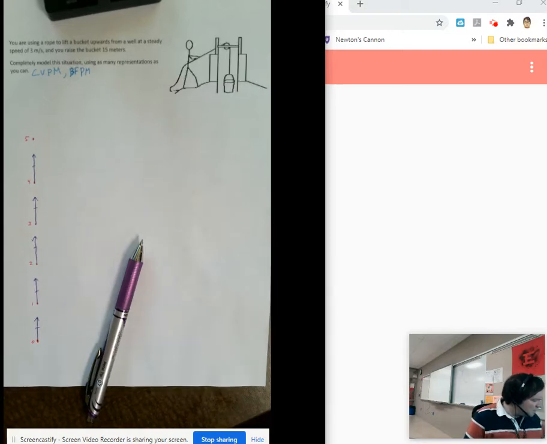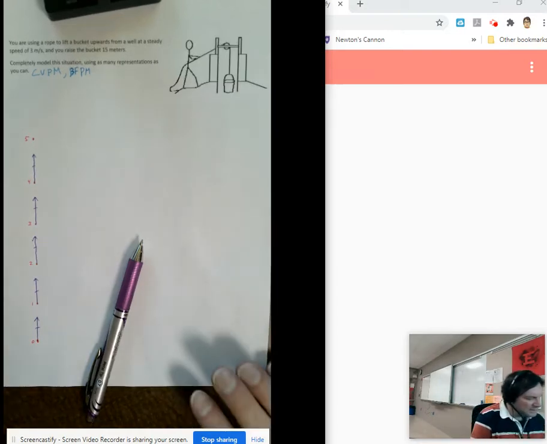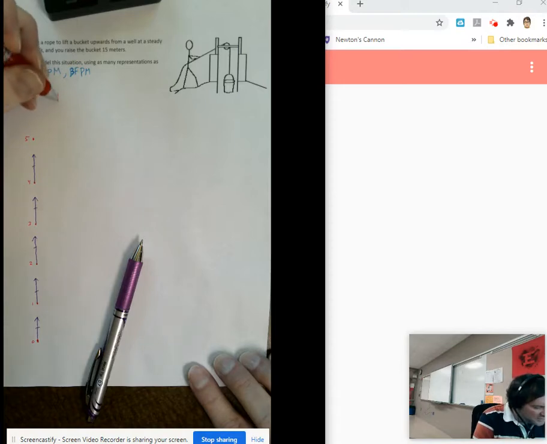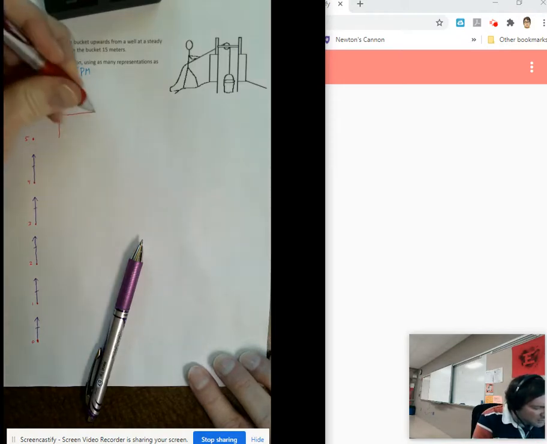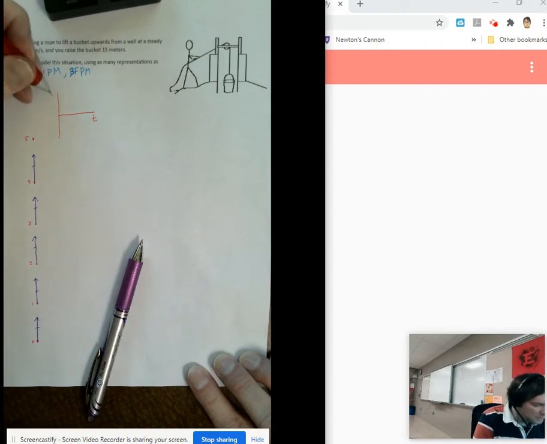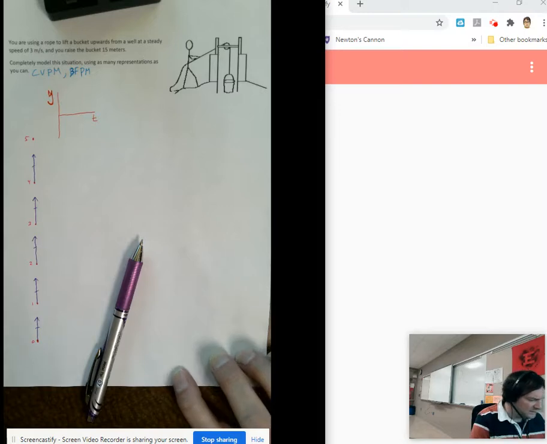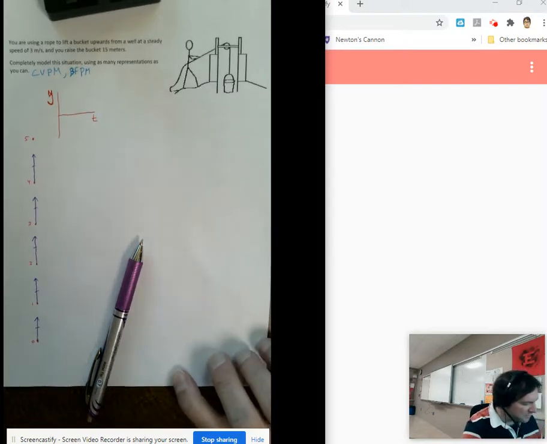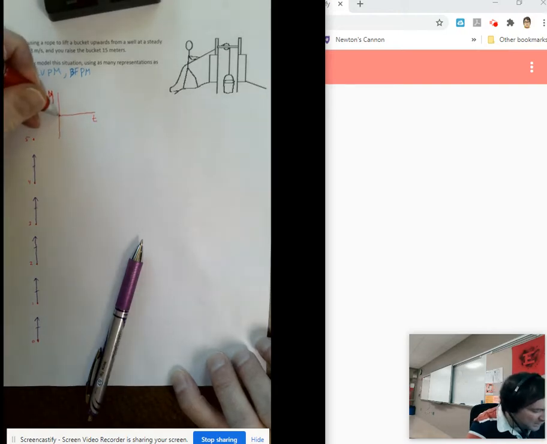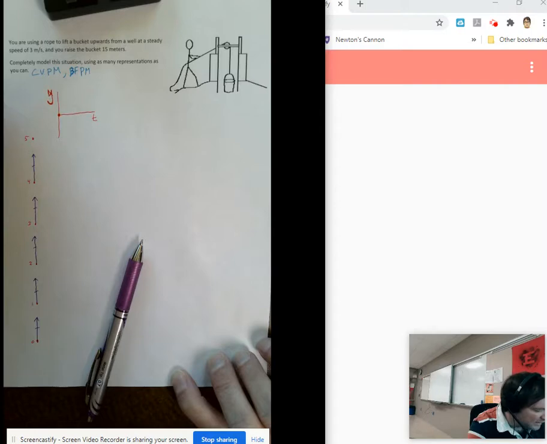Now I could also draw, with the constant velocity model, the position versus time graph. X for position, or I could use Y for position since I'm doing vertical positions. Either way, I started at a position of, let's say the bottom of the well was a height of 0 meters, 3 meters, 6 meters, 9 meters, etc. Then I could start at 0 meters, although it's my number line, I can set it up how I like.